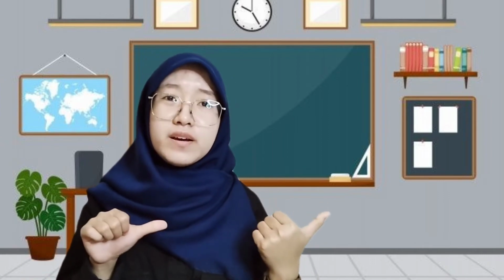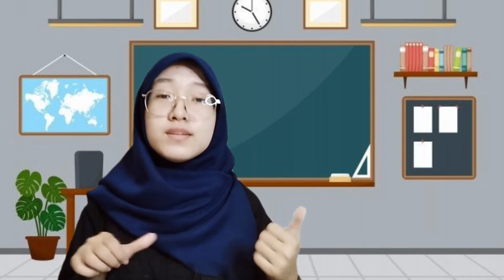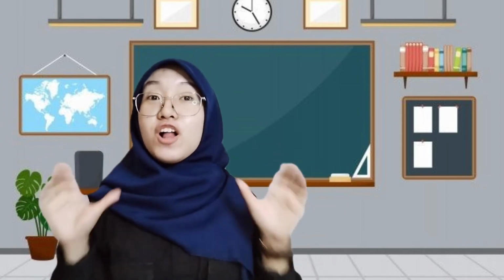Did you all catch what I explained earlier? Okay then, if all of you already understand that, I will go into a more specific discussion, namely the types of figurative language in poetry.